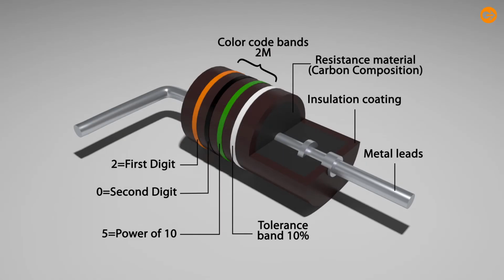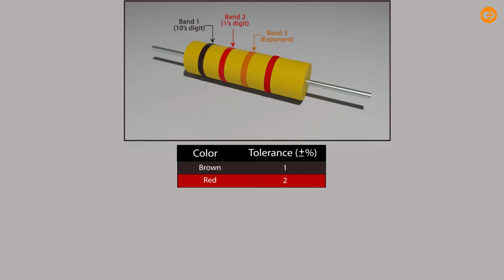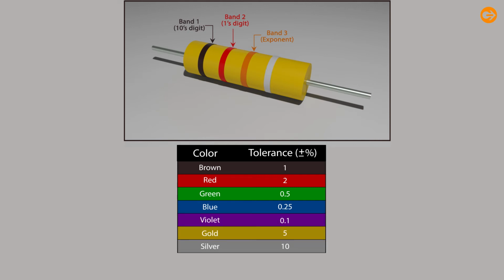Tolerance is the percentage of error in a resistor, or how much more or less we can expect a resistor's actual measured resistance to be from its stated resistance. A gold tolerance band has a tolerance of plus minus 5%, silver plus minus 10%, and no band at all indicates a tolerance of plus minus 20%.